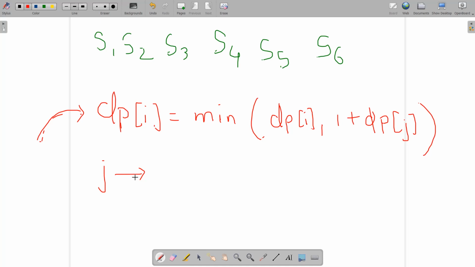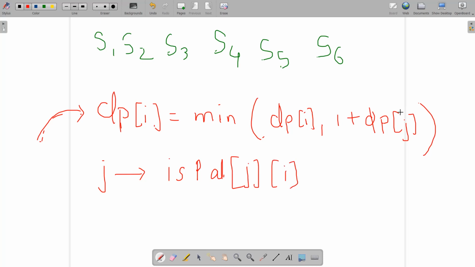Note that I am varying j from 1 to I minus 1. So I am going to do this only for those j where is palindrome, note that I'm introducing another term, is palindrome j up to this I.